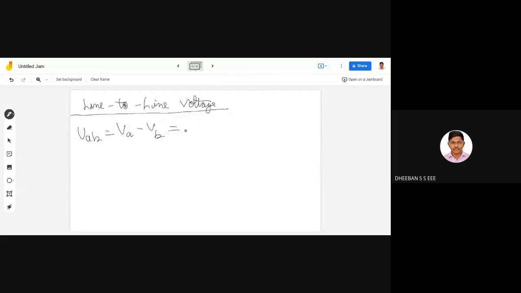That is nothing but 0 minus the VB value, which is 0.215 plus j 0.990. If you convert this into polar form, you'll get 1.01 at an angle of 77.7 degrees in per unit. So this is your VAB.